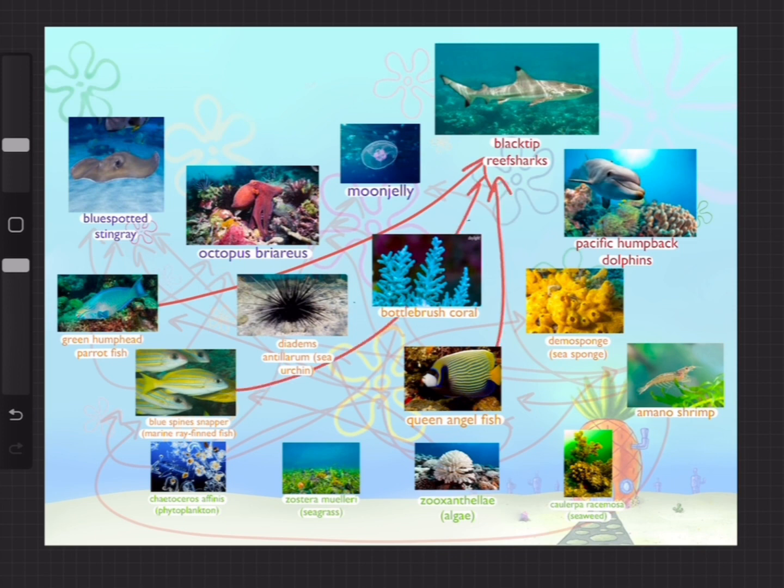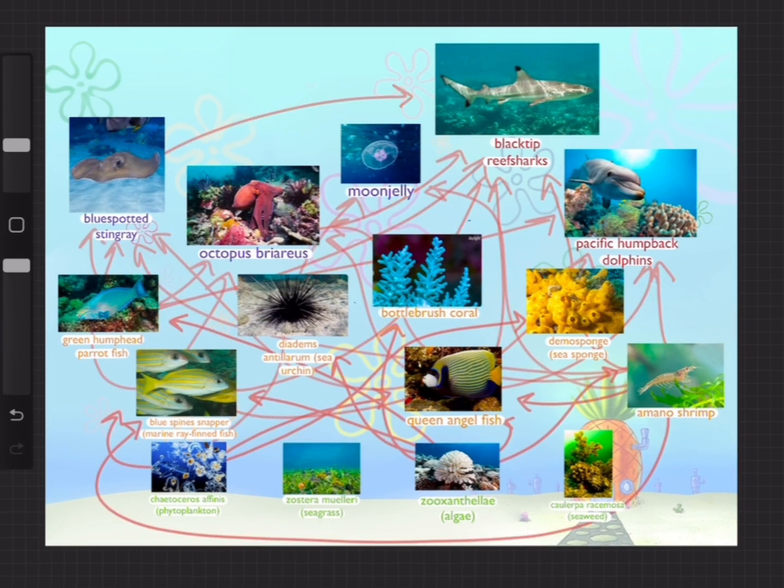They also eat octopus and some shrimps and our stingrays. And for our humpback dolphins, they also eat most of our primary consumers, so our blue spine snapperfish, our parrotfish, our shrimps, and our angelfish.